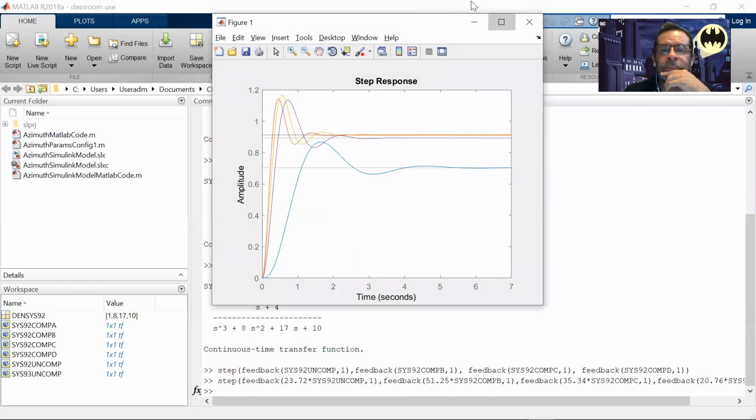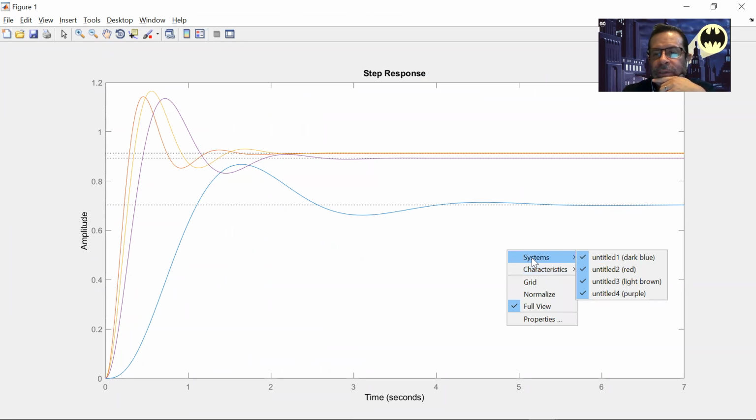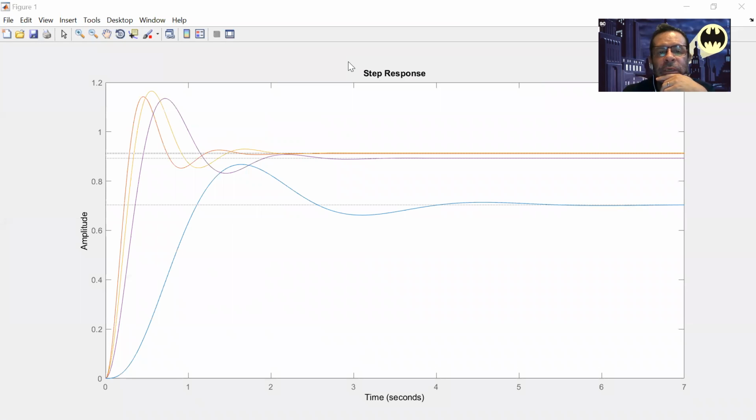There we go. So these are the 4 responses. The uncompensated one is blue, and we're going in order.